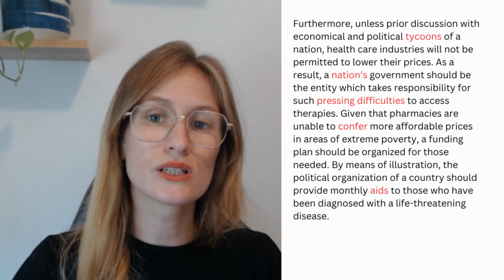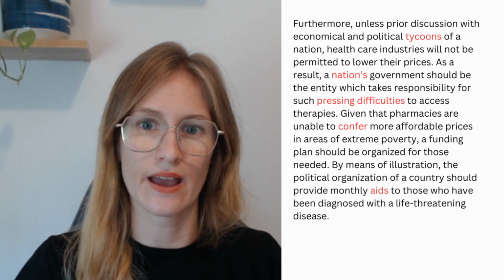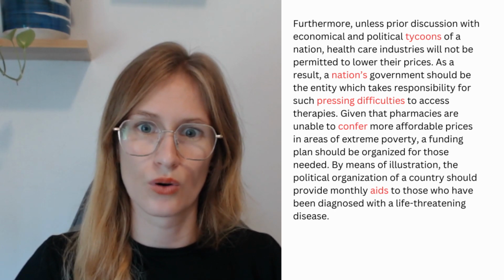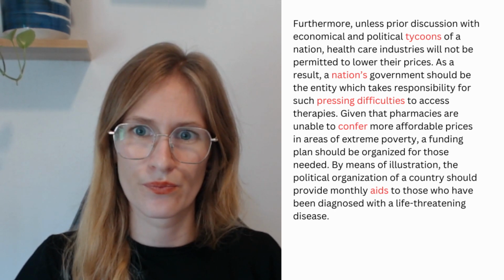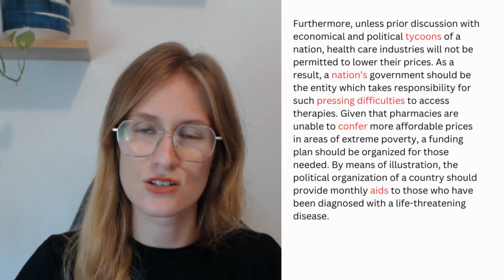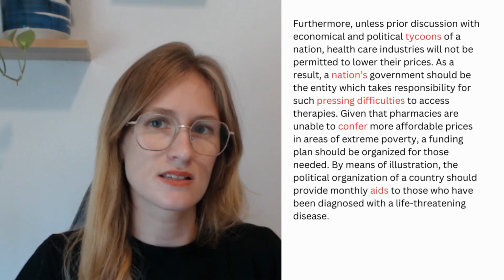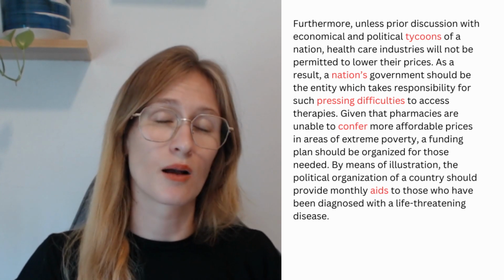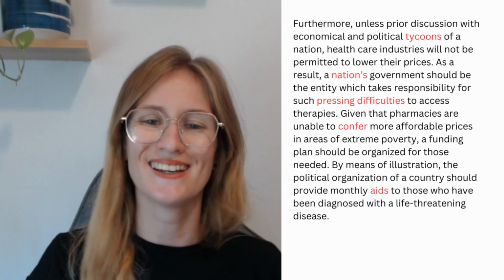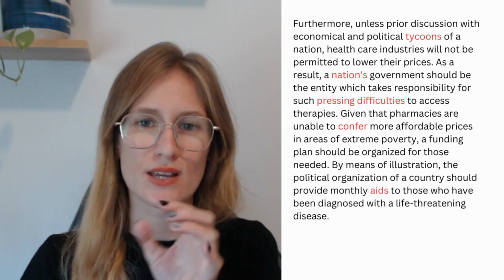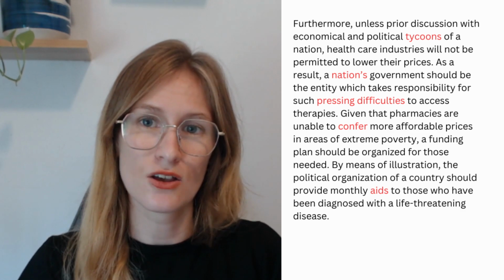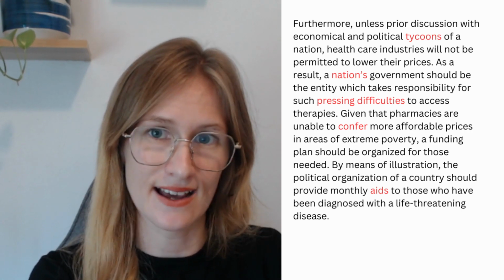But the student could have made the sentence more advanced by saying a country could provide monthly assistance to people or to lower income families, or financial aid, medical aid, access to good healthcare. By saying monthly aids, it's very vague. Again, it's like a politician not wanting to admit to something, so they use a vague word that could apply to anything. Using more specific vocabulary that makes sense in this sentence would have shown a much better understanding.